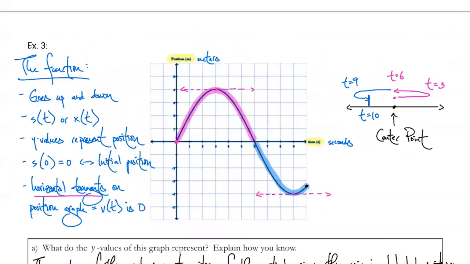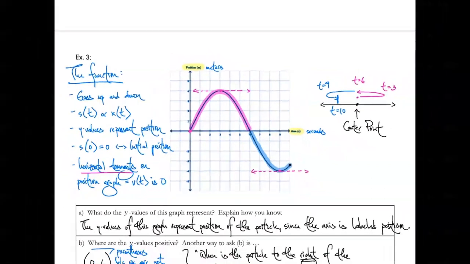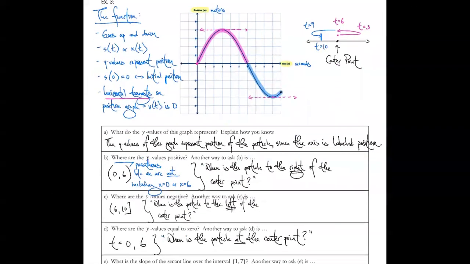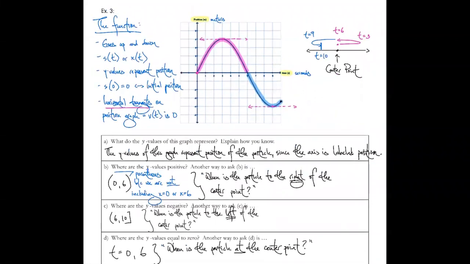So the positive Y values tell you when you're to the right of your center point, whereas the negative Y values tell you about when you are to the left of your center point. Okay, but let me get those 4 questions up here. How are we feeling about position and positive and negative Y values?